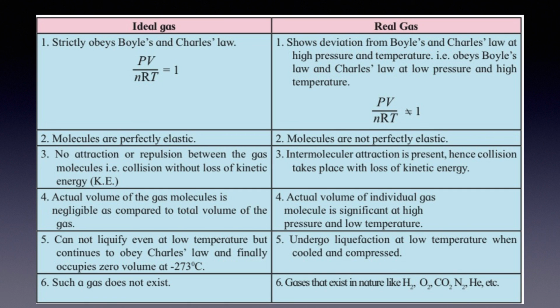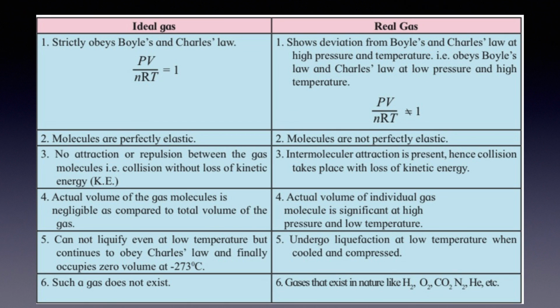So first point, ideal gas strictly obeys Boyle's and Charles law, and over there the PV upon nRT ratio is equal to 1, and in case of real gas it shows deviation from Boyle's and Charles law at high pressure and low temperature, that is, it obeys Boyle's law and Charles law at low pressure and high temperature.